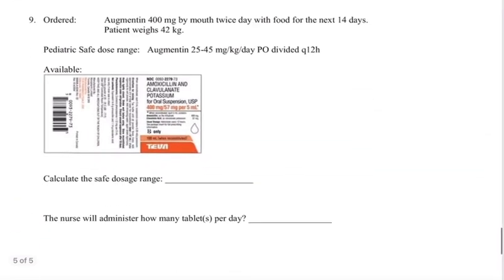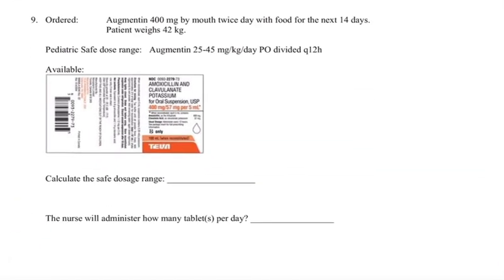So it's 2.9 tab per dose. So moving on to number 9, it says the doctor ordered Augmentin 400 milligram by mouth twice a day with food for the next 14 days. The patient weighs 42 kilograms. So you see, I put my times 2.